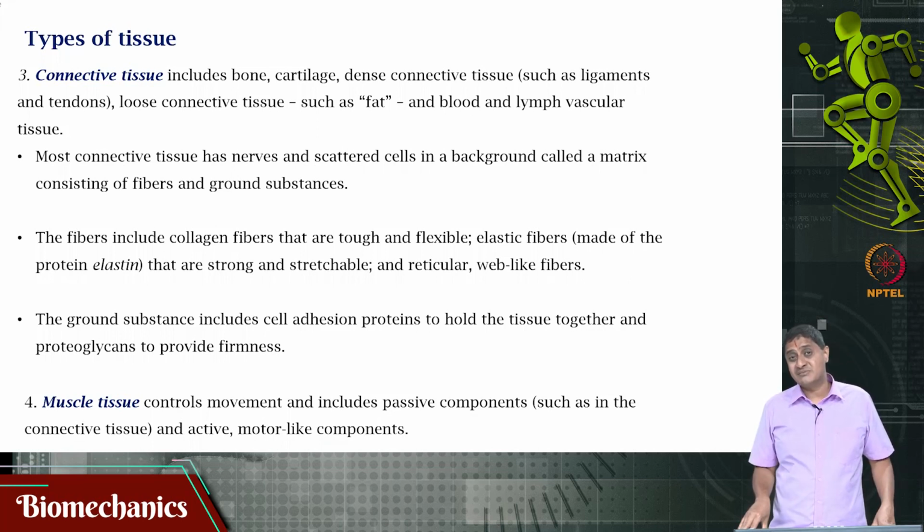These elastic fibers are made of a special protein called elastin that are strong and stretchable, and web-like fibers. So, fibrous tissue come in many forms: collagenous, elastic or web-like fibers.